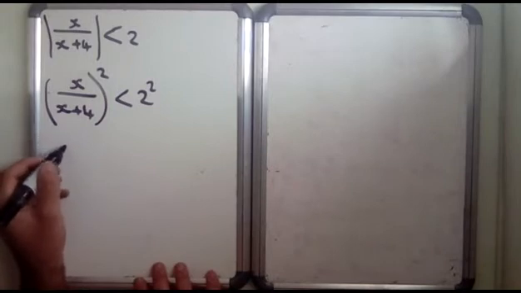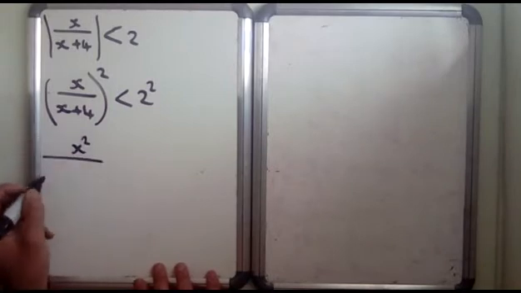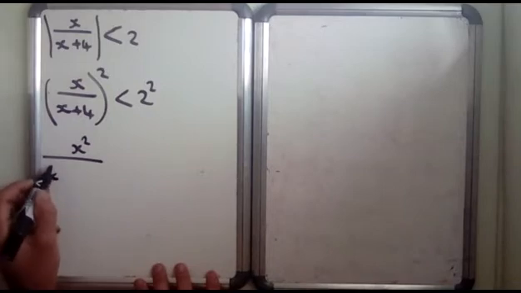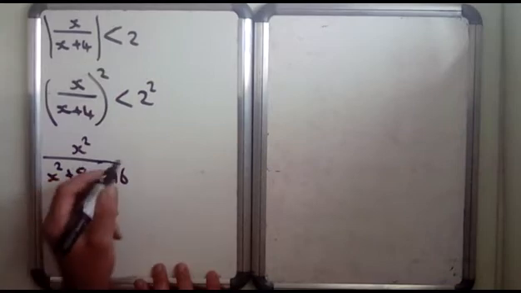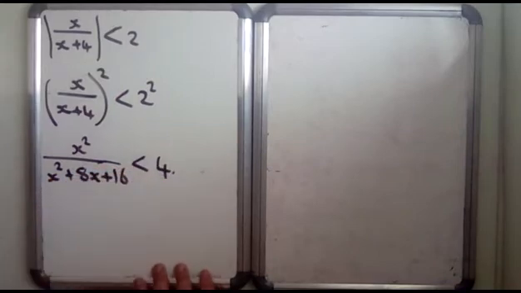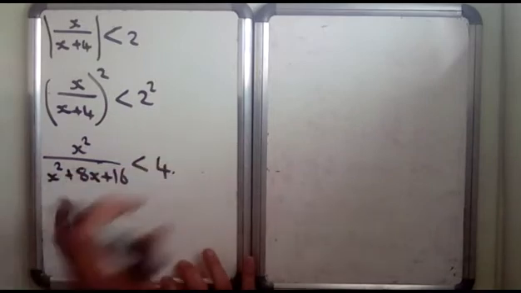So x squared over x squared plus 8x plus 16 is less than 4. Now I can multiply this safely, knowing that by squaring I undid the negative sign problem, so I can multiply by all of this.